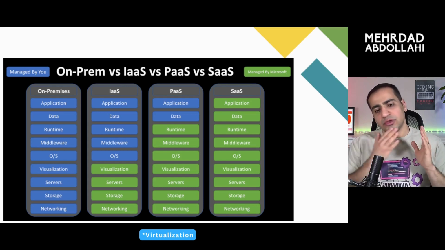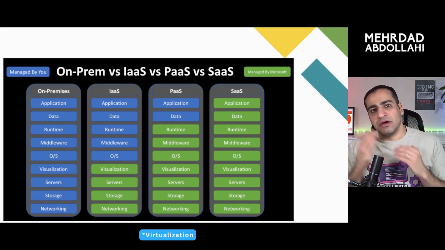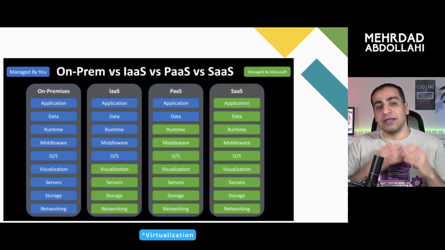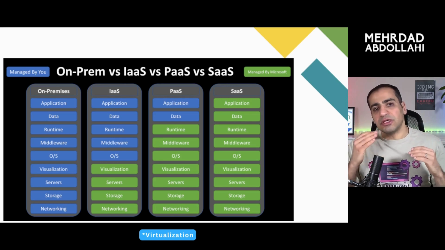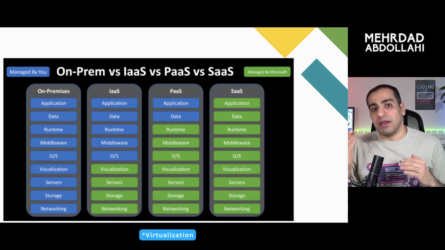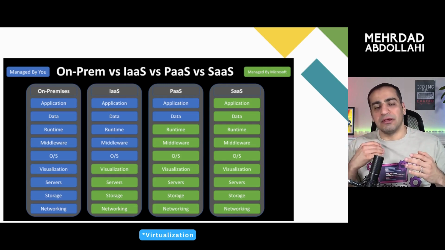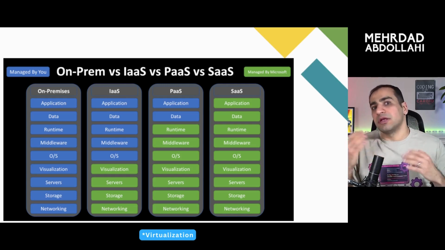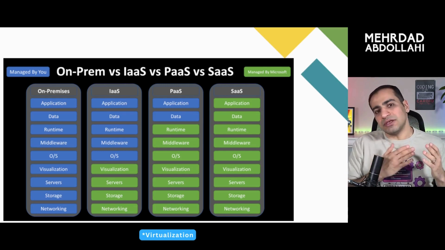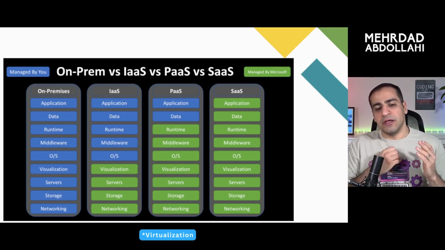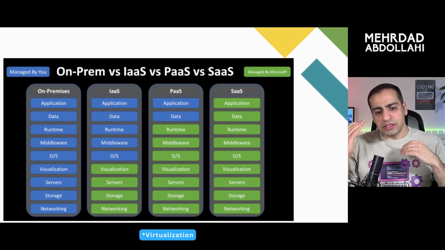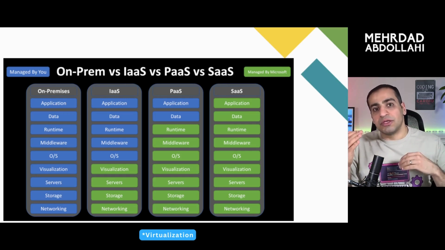When we are talking about the different levels of services in the cloud, basically we are talking about how they are going to be managed and how they are going to affect the cost in an organization. When it is infrastructure as a service, some of these components are going to be managed by the cloud provider.